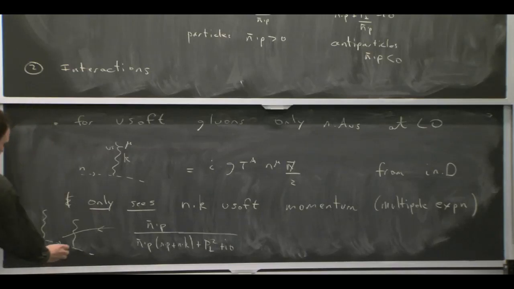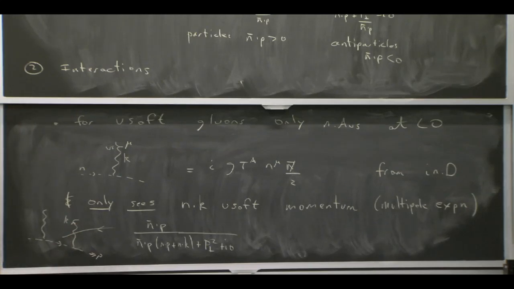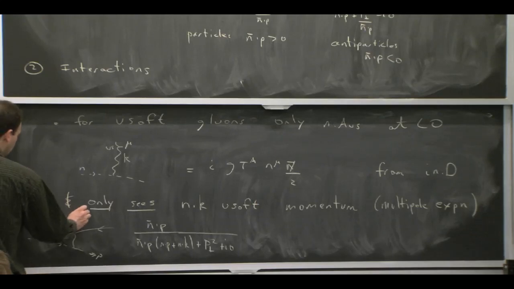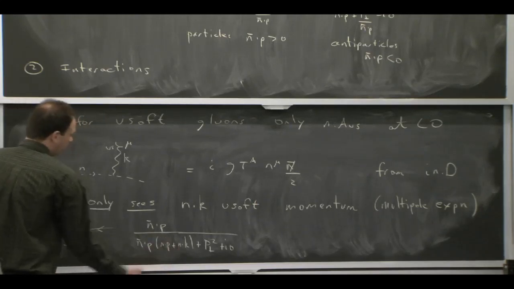So if I say p is this guy and k is this guy, then this guy's p plus k, but k being ultrasoft, these guys are supposed to be ultrasoft, let's say. k being ultrasoft, only the n.k shows up in that propagator.